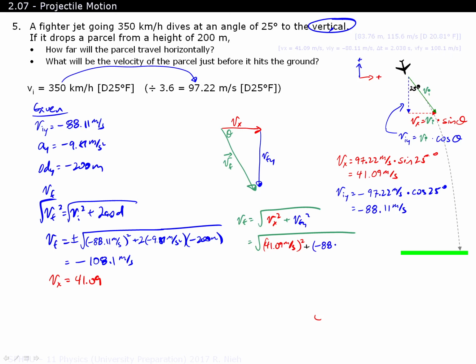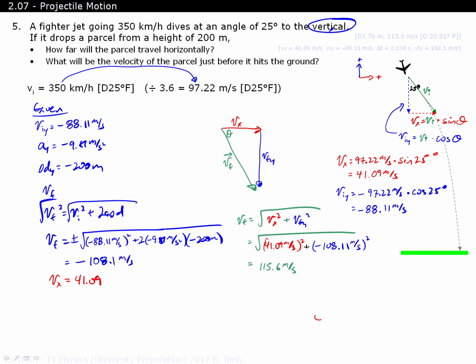Negative 88.11. Oh no, not 88, negative 108.1. And if you're wondering, does the minus sign really matter? No, it doesn't, because a double negative becomes positive. So you have a Vf, which is just the magnitude, and that is 115.6 meters per second.